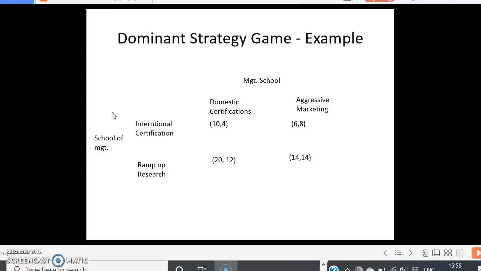So clearly, whatever School of Management chooses, for the Management School, the best strategy is aggressive marketing. Just as whatever Management School chooses, the best strategy for School of Management is ramping up research. So we have arrived at, by looking at this kind of payoff, what are the dominant strategies for these schools in an oligopolistic kind of situation.